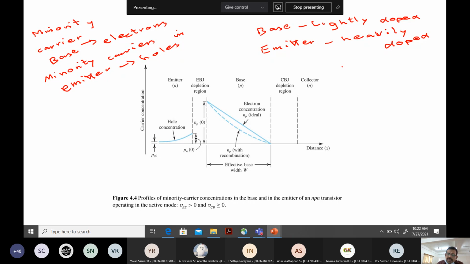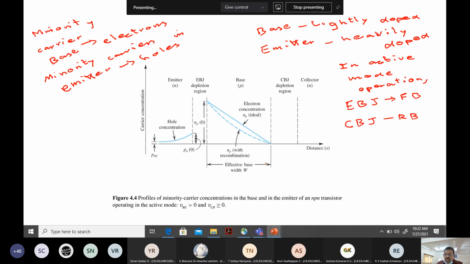In active mode operation, the emitter-base junction is forward biased, recall this fact, and the collector-base junction is reverse biased. So we exactly know, let us say for example, this is my schematic.